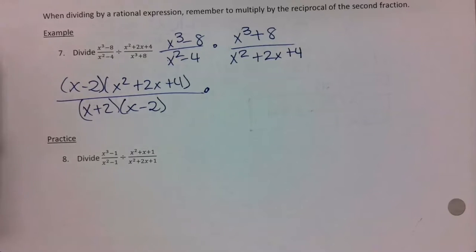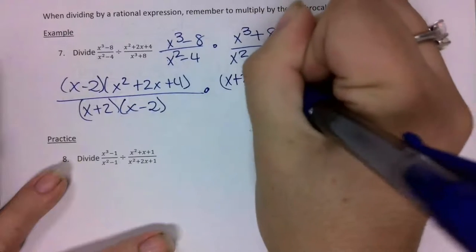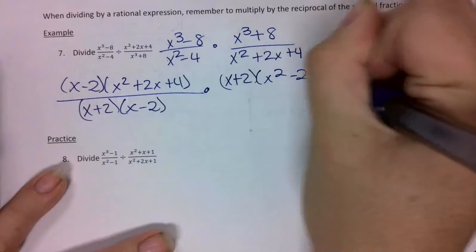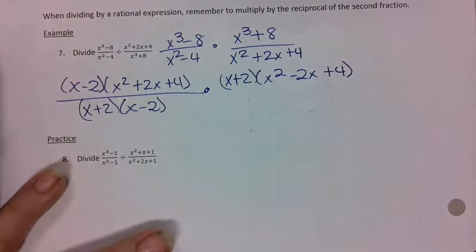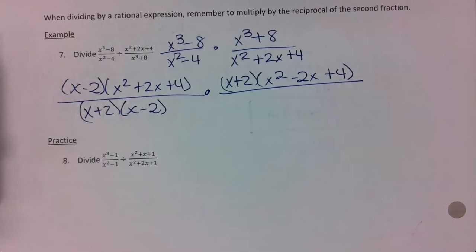Okay. And then what does my numerator of my second fraction factor to? And then on my denominator, can I find anything that multiplies to 4 and adds to 2?